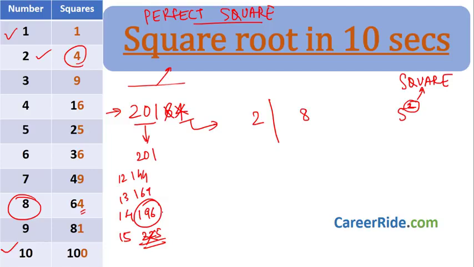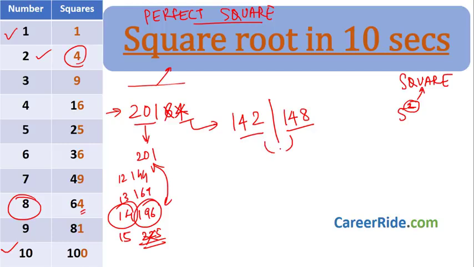So 196 is nearest to 201 and it is also less than 201. 196 is the square of 14. So our answer should be 142 or 148.